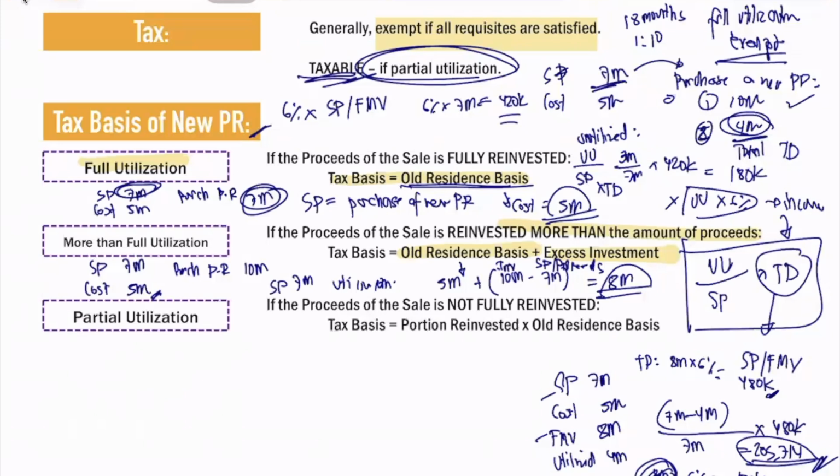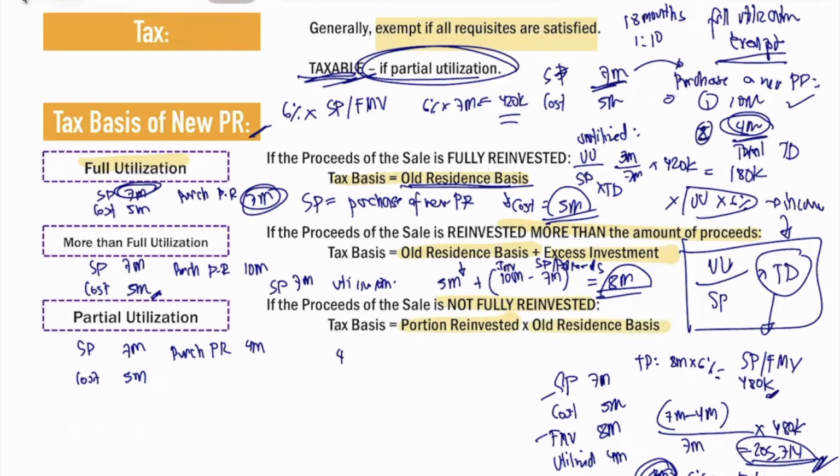How about if partial utilization? So our example here is that our selling price is 7 million. Our cost is 5 million. You purchase new principal residence for 4 million. If the proceeds is not fully reinvested, or underutilization or partial utilization, the tax basis is the portion reinvested multiplied by old residence basis.